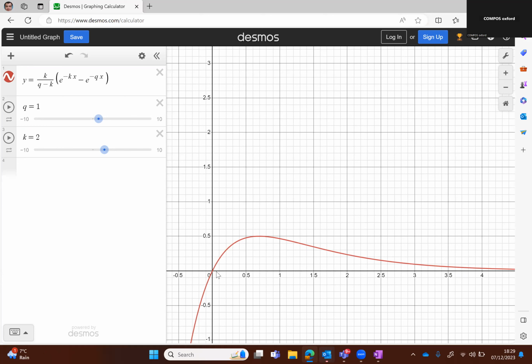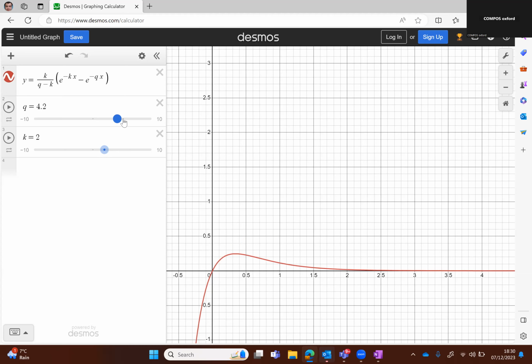So you would expect to see an initial period where radioactive isotope B increases in quantity, and it increases in quantity as A decays. But then eventually you start to run out of A, and then eventually no new B is produced, and then it just tails off. You can change the two decay constants.